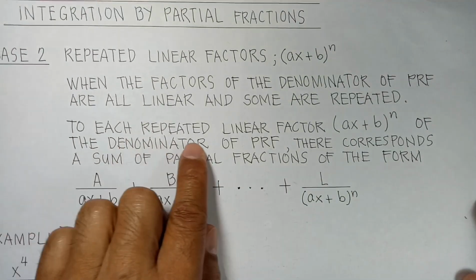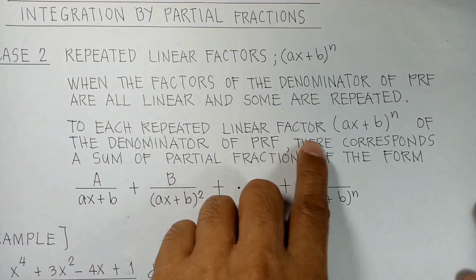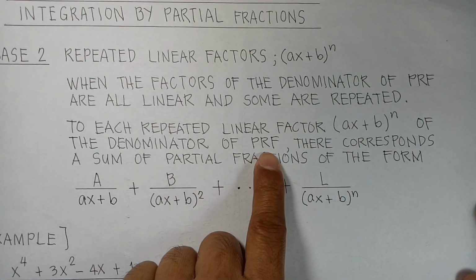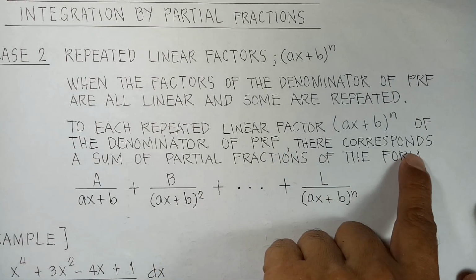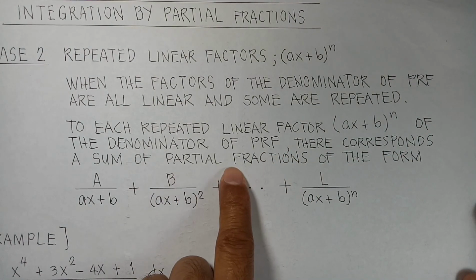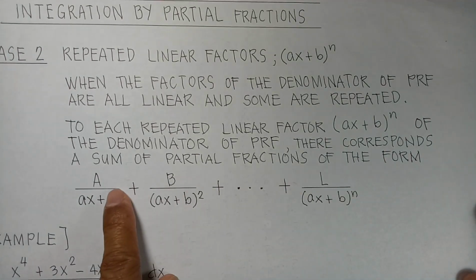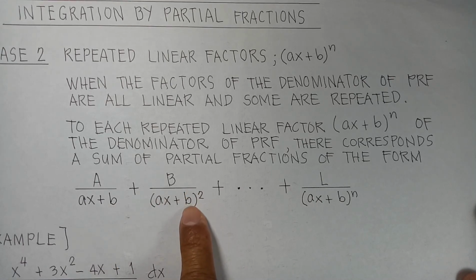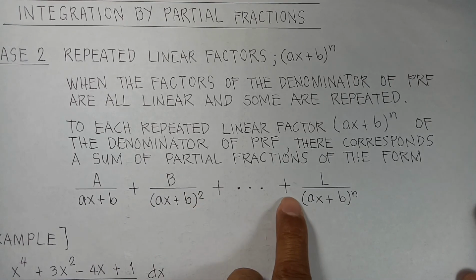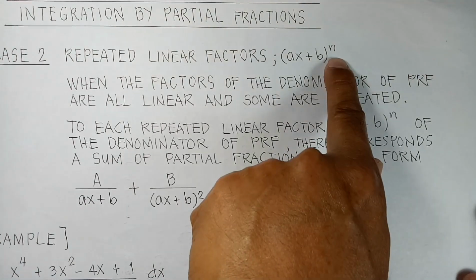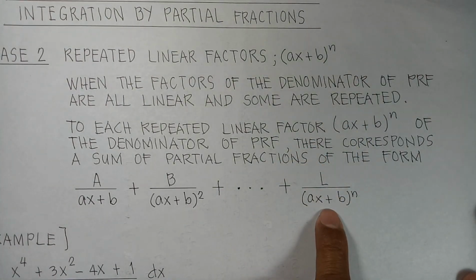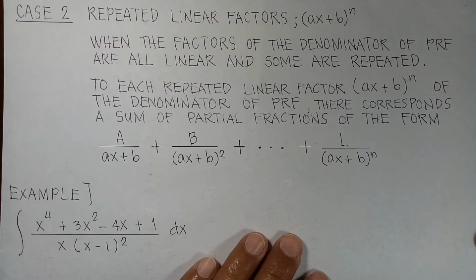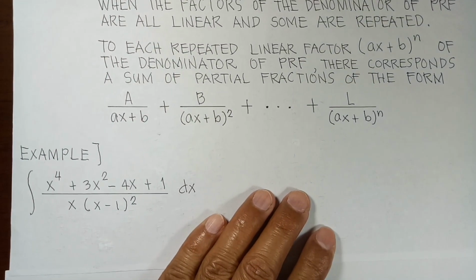To its repeated linear factor ax plus b raised to n of the denominator of a proper rational fraction, there corresponds a sum of partial fractions of the form A divided by ax plus b, plus B divided by ax plus b squared, until we reach the exponent n, say L divided by ax plus b raised to n. So let us have an example about this case number 2.